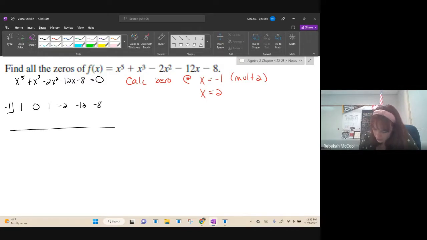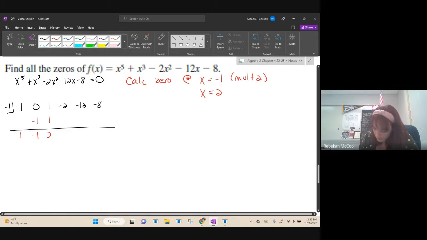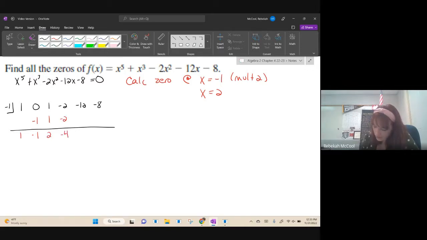We'll bring down the first term, multiply to get -1, add to get -1, multiply to get +1, add to get 2, multiply to get -2, add to get -4, multiply to get +4, add to get -8, multiply to get +8, and add to get 0.